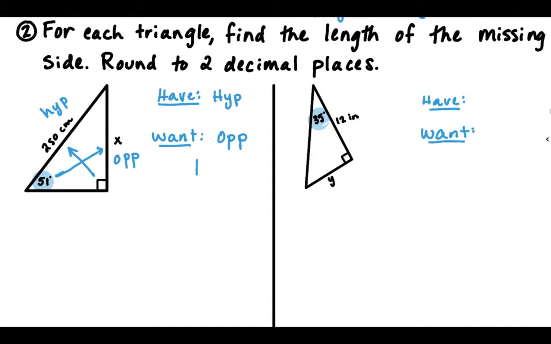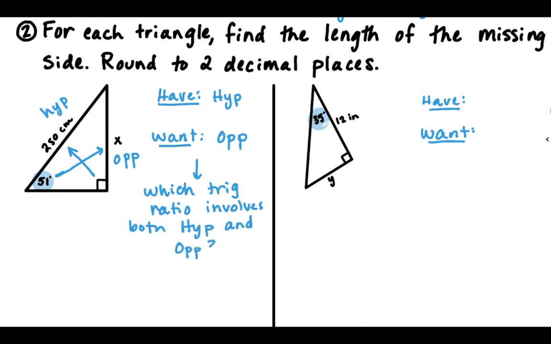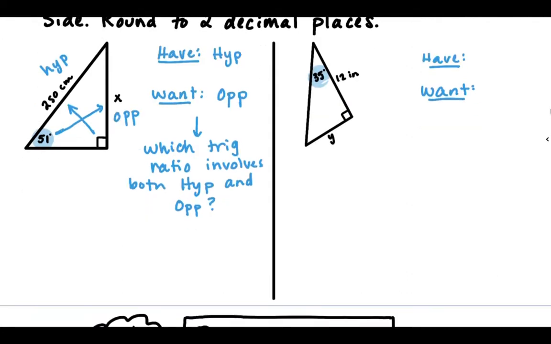Okay, so now I want to ask myself which trig ratio involves both the hypotenuse and the opposite. And that's the trig ratio I'm going to use to write my equation.